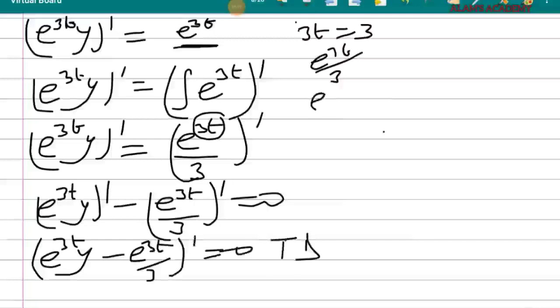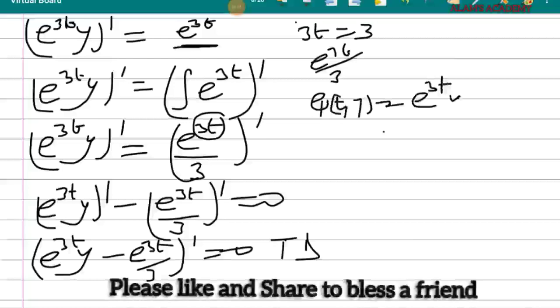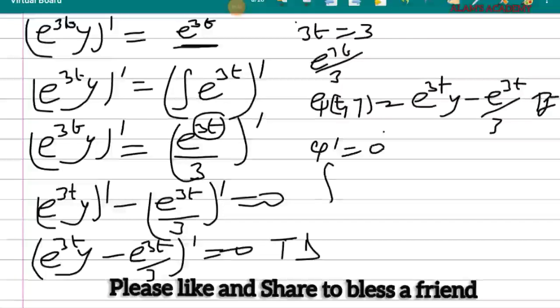Now let phi of t, y be equal to the potential function. Okay, so if that's the case, then phi prime is equal to 0. So taking integral on both sides of phi, that's 0 dt, implying that phi is equal to c.